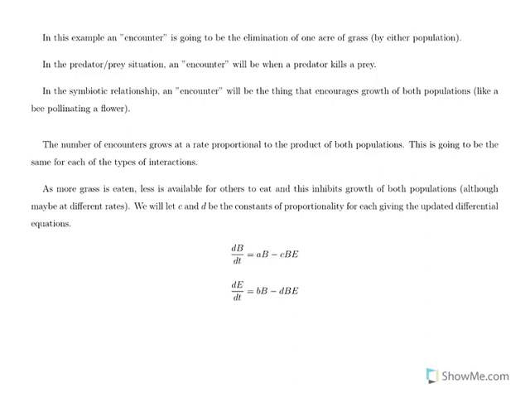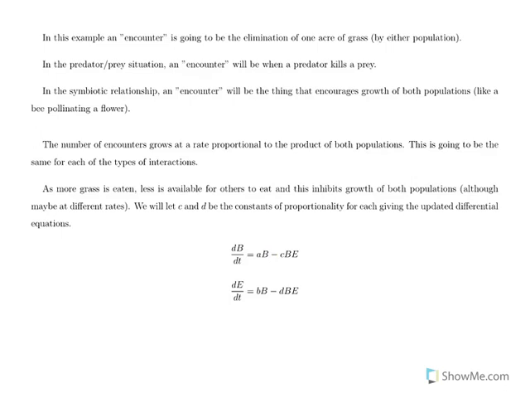So we're going to let C and D be different constants of proportionality relating to this encounter idea. And we're going to have negatives here in the differential equations because as those populations grow, there's a negative effect on how much the population can grow further. There's some inhibiting factor with the resource.